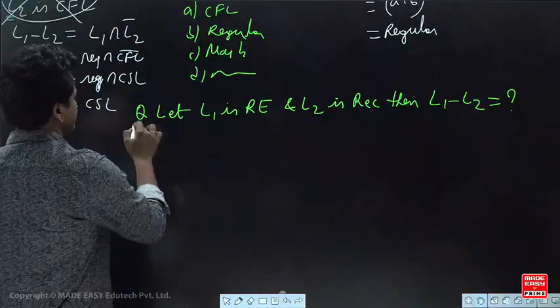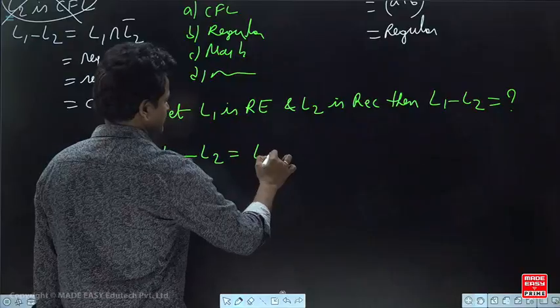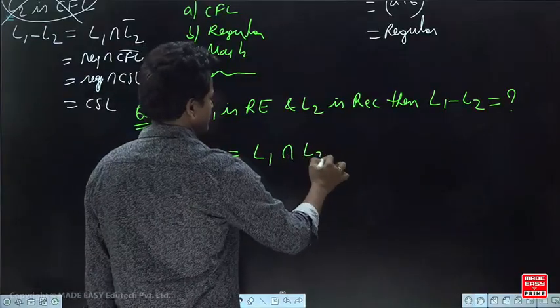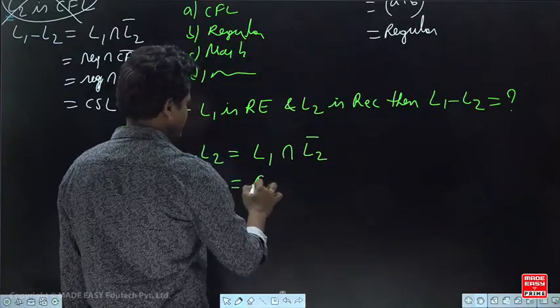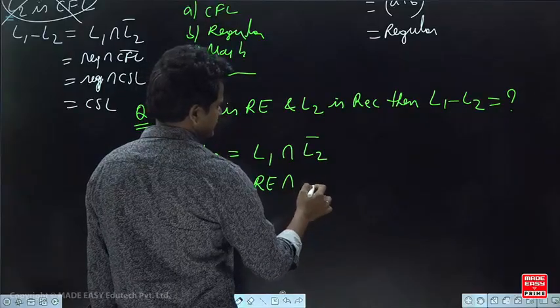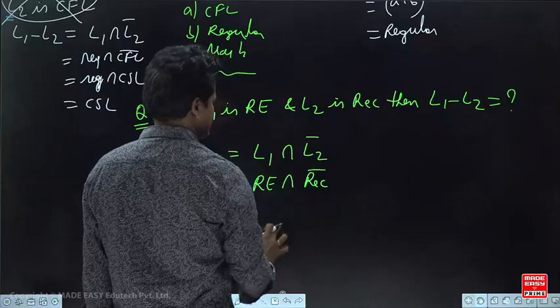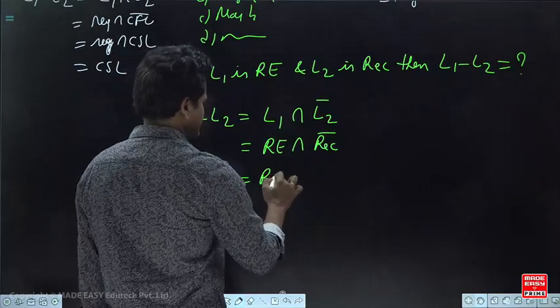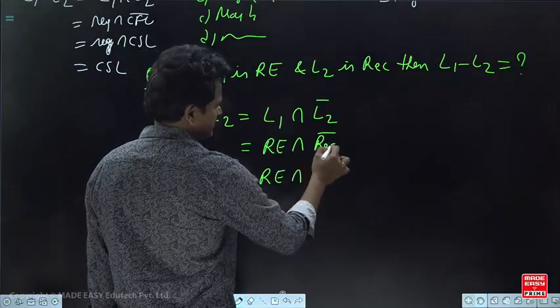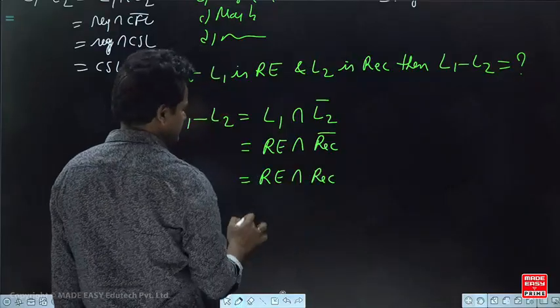What is L1 minus L2? L1 minus L2 is L1 intersection L2 bar. What is L1? RE. Intersection L2 complement. REC, recursive languages, are closed under complement, so REC complement is also REC.